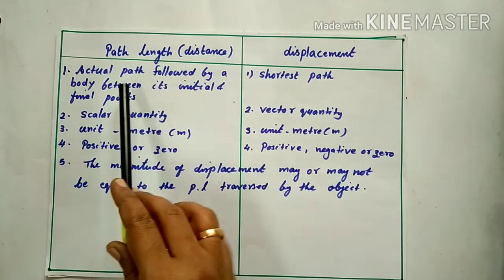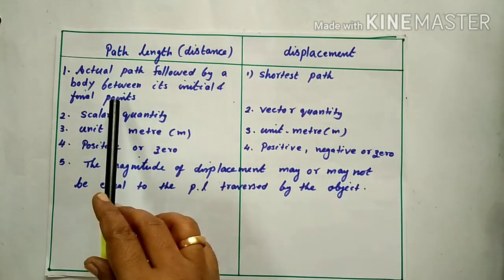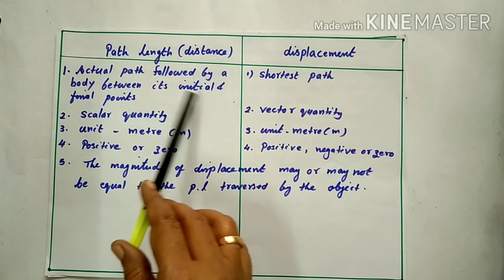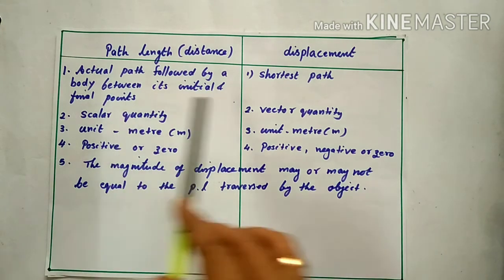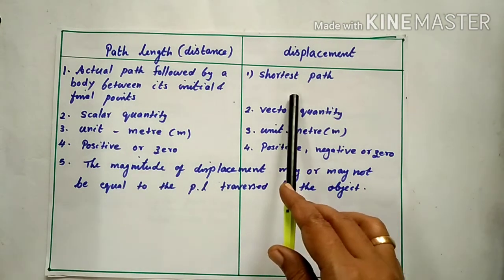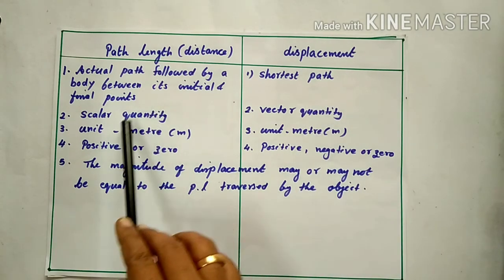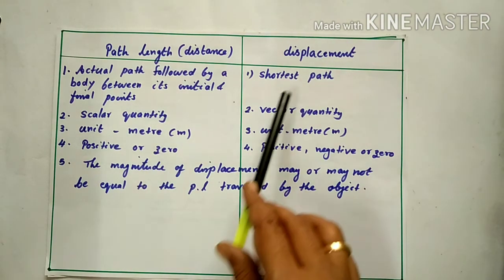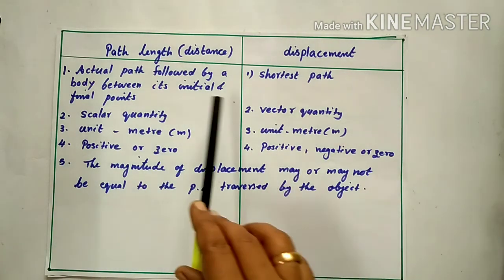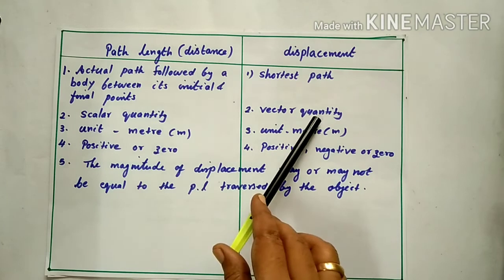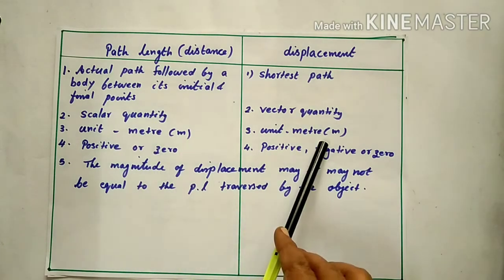Path length is the actual path followed by a body between its initial and final points. Displacement is the shortest path between its initial and final points in a fixed direction. Path length is a scalar quantity, displacement is a vector quantity, and the unit of path length and displacement is meter.